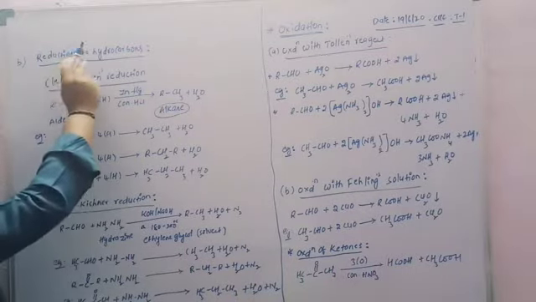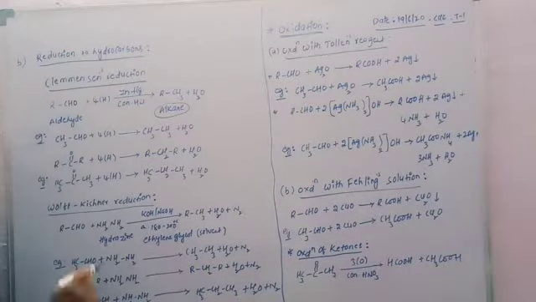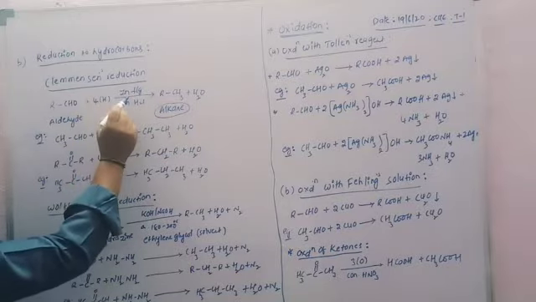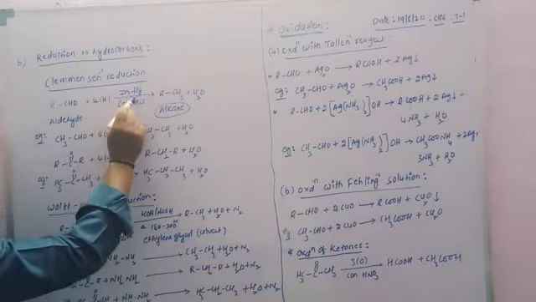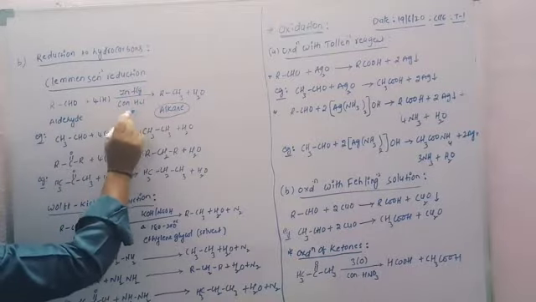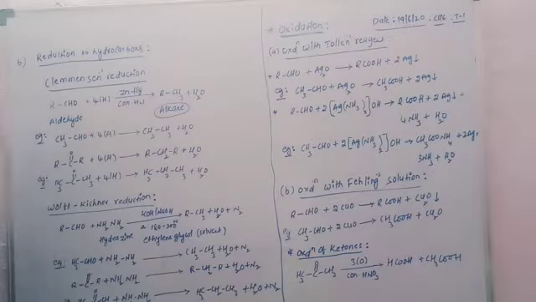This reduction takes place in the presence of zinc and mercury, and also concentrated HCl.